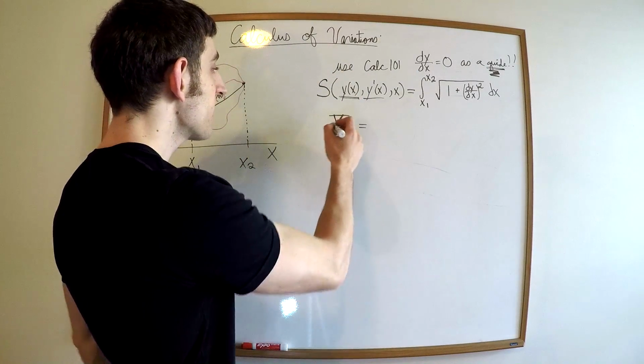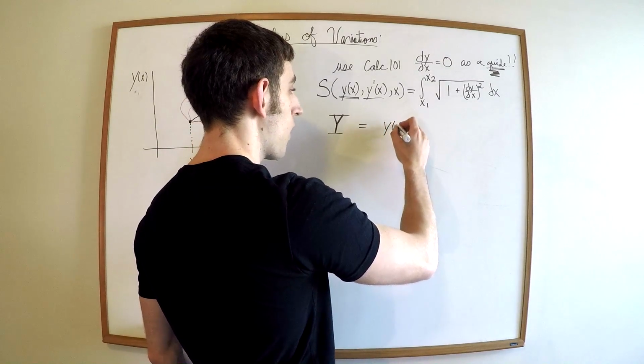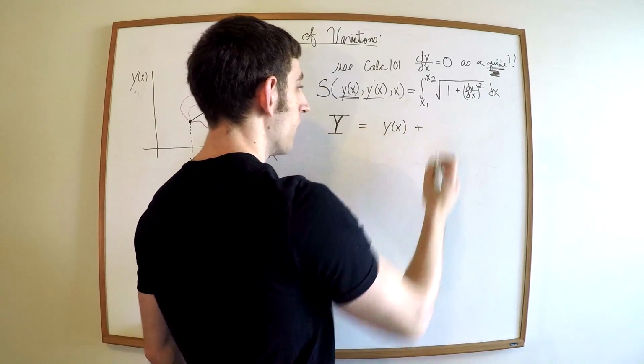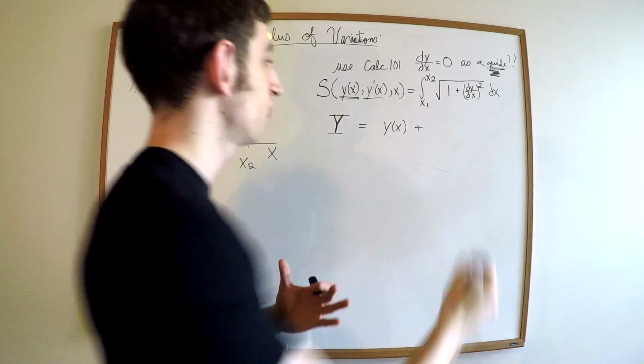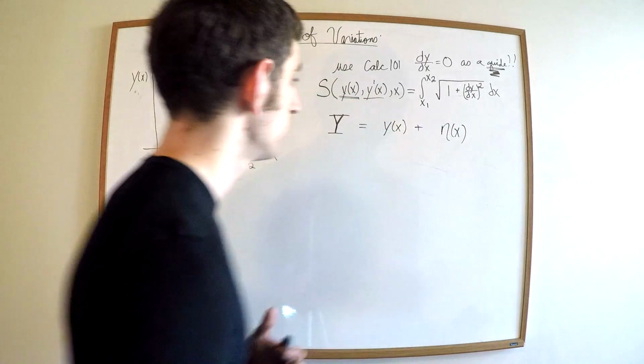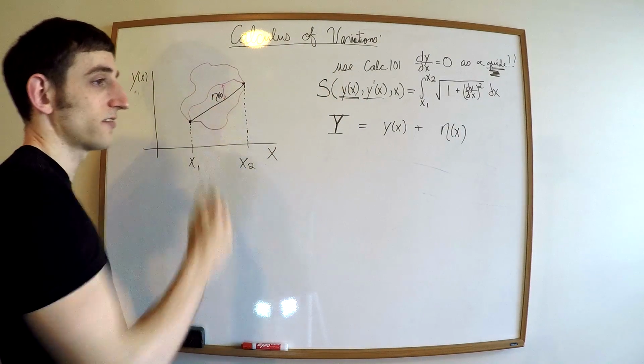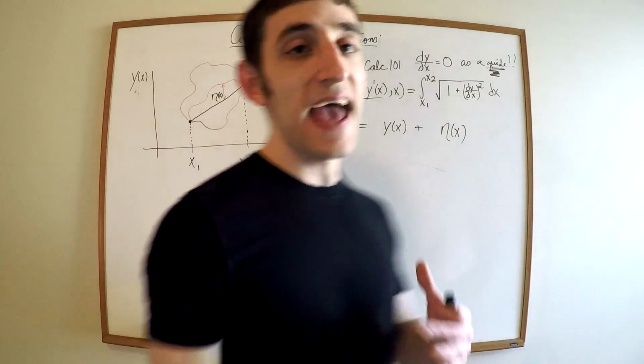So I'm going to redefine this as the correct path, y sub x, plus an arbitrary function, which I'm going to call eta sub x. I'm going to say that eta sub x can be any function.